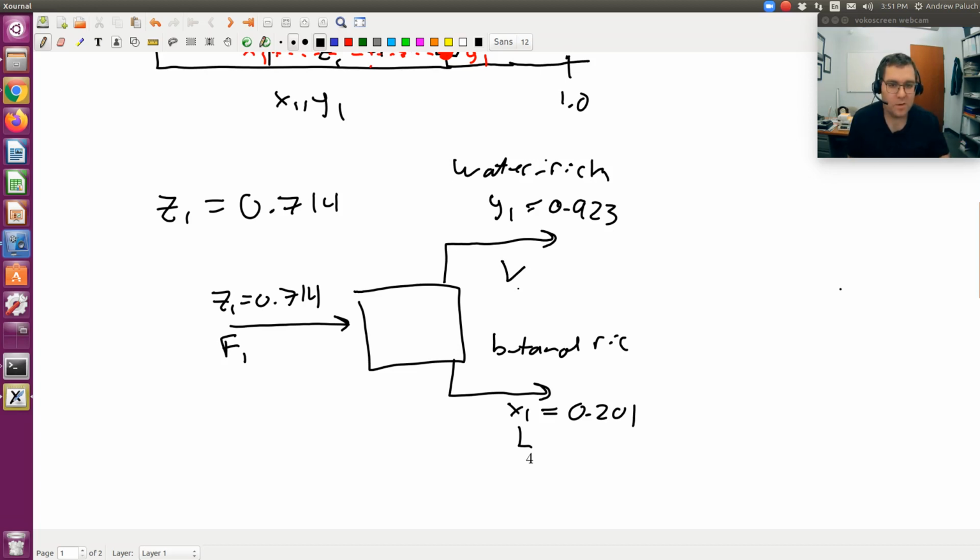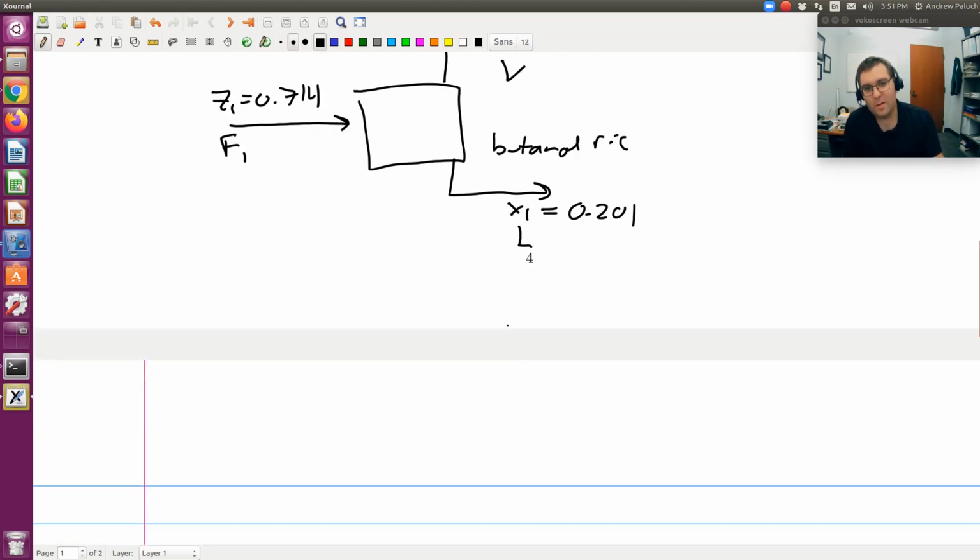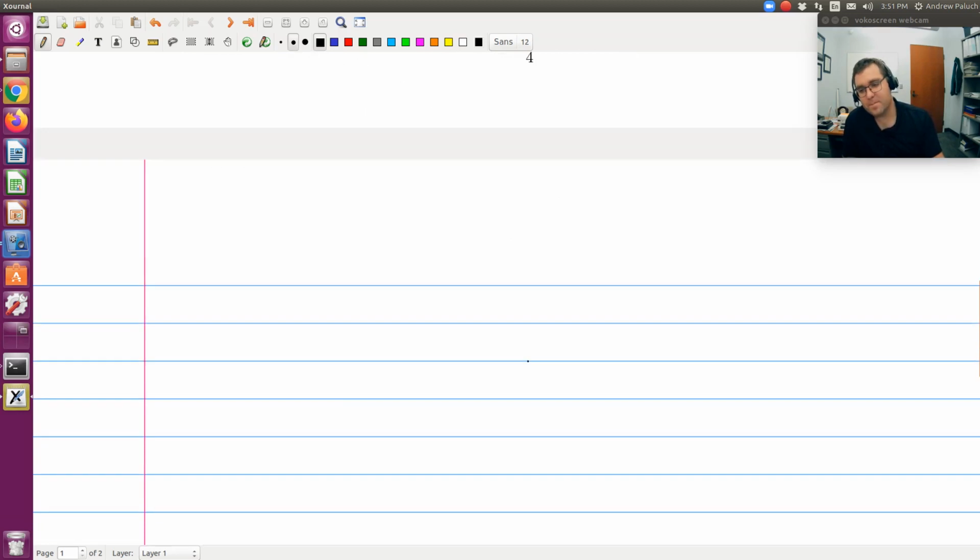All right, so then the question is just, well, I don't know F, so I'm going to have to assume a basis. Or, right, I can manipulate it. But rather than assume a basis, if we just assume you have 2 components, I can write down 2 mass balances, no reactions, I can write them as mole balances.